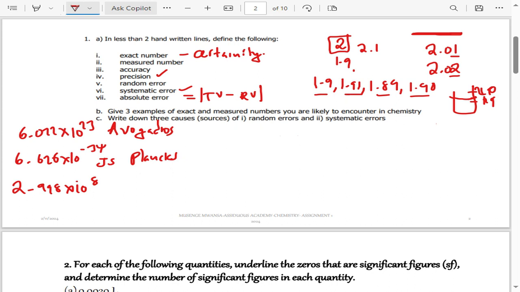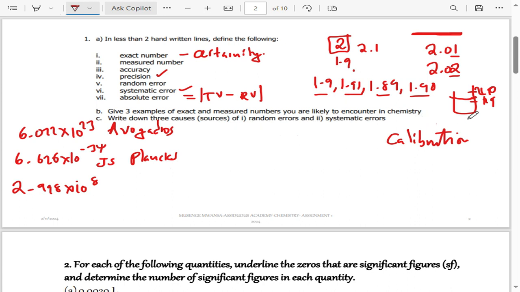Now for systematic errors, you can't avoid them. It's a problem with the system that you are using. So some of the causes: calibration of the system is wrong. Okay, that's the first thing, calibration.